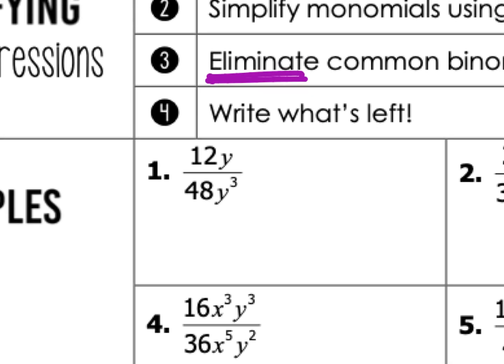Okay, we're going to break this into numbers and variables first. If we're just looking at numbers, you can put this in your calculator. You can type in 12 divided by 48, and you should get on your screen the number 0.25.